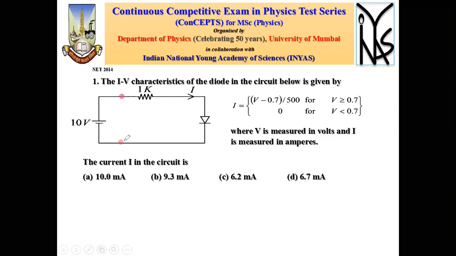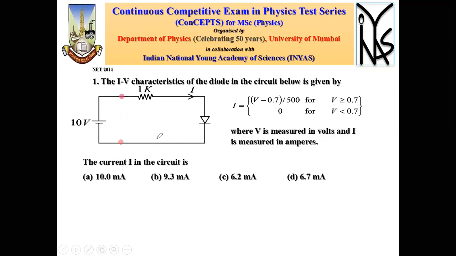That is the meaning of Kirchhoff's voltage law. So in a closed loop circuit, this 10 volt is balanced by the voltage across this resistor network. So at this junction, the algebraic sum of this voltage and the voltage offered by this part is 0. So this is the thinking behind this.